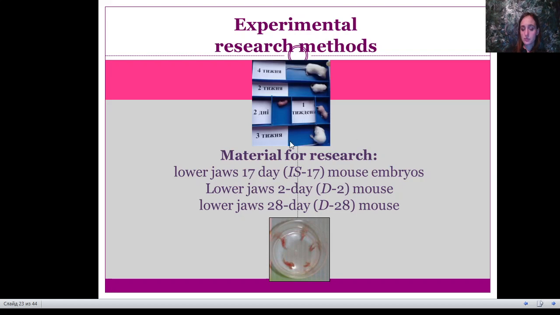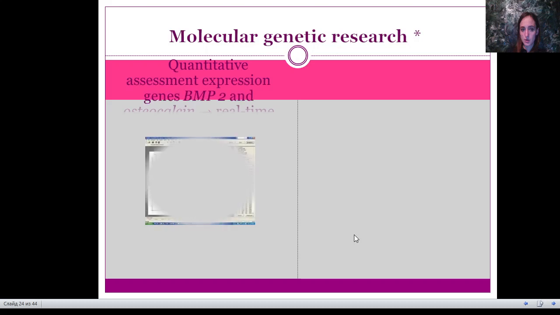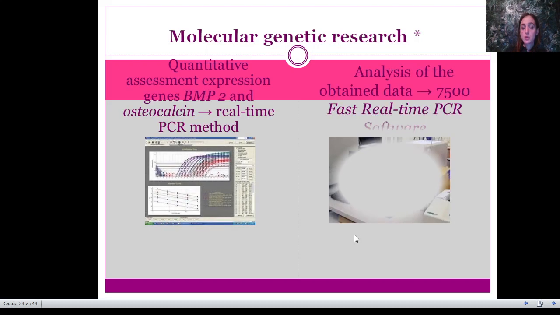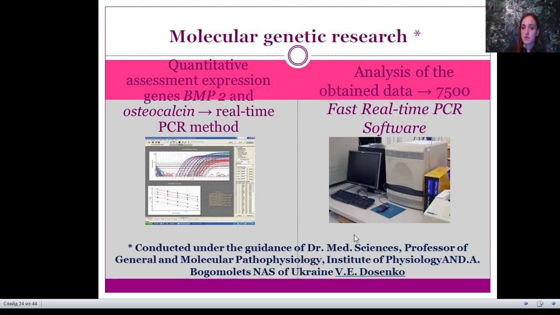And such materials for research, we can see lower jaws, and we use some molecular genetic research, quantitative assessment of expression, and analyzing all the obtained data.